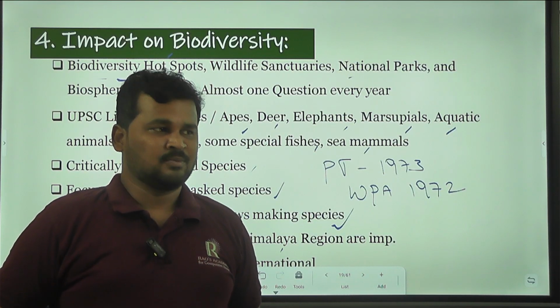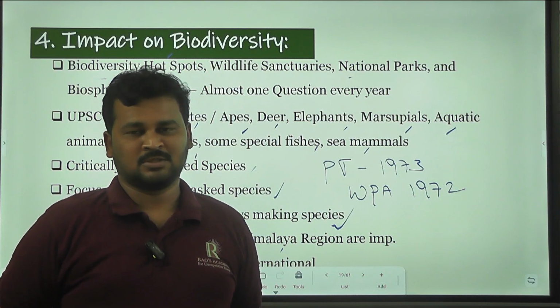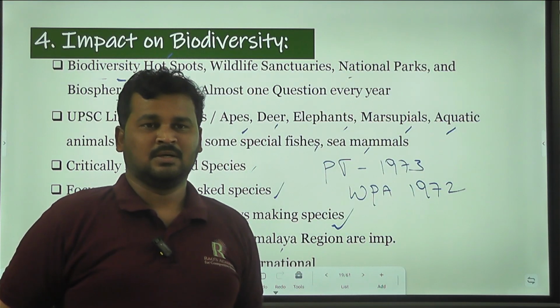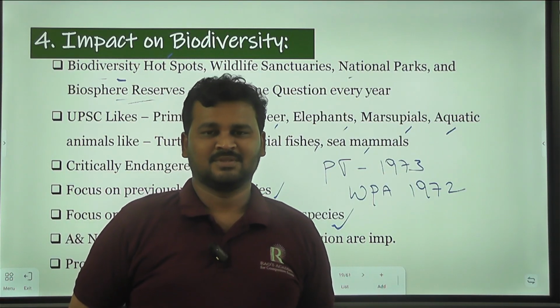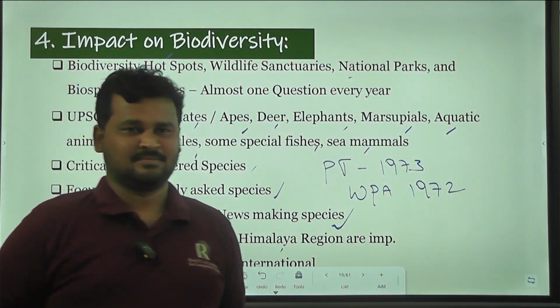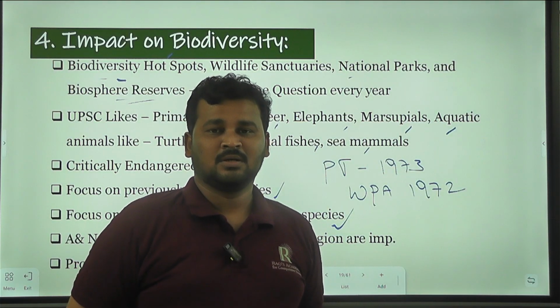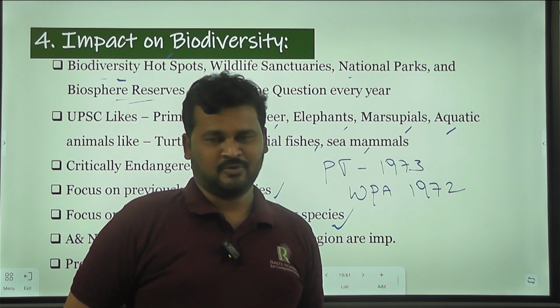We can say that almost 60 to 70% of the tiger population is in Madhya Pradesh. That's why Madhya Pradesh is regarded as the tiger capital of India. Also, almost 80% of the world's tiger population can be seen in India only.